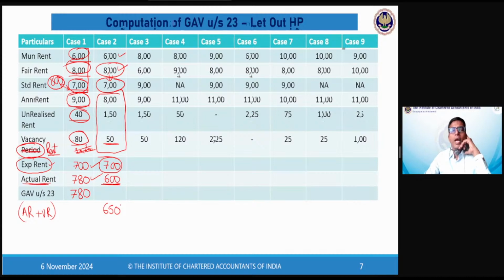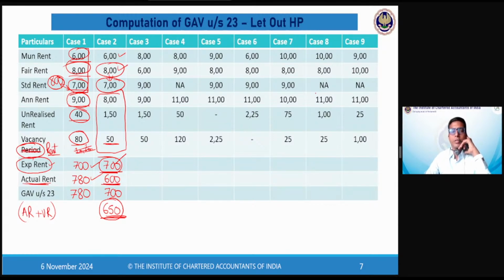Means what? Had there been no vacancy in this particular year, my actual rent would have been this. Now compare expected rent with this figure. If still expected rent is greater, then your answer is expected rent. It means my actual rent is smaller than my expected rent, and vacancy is not the cause of that.